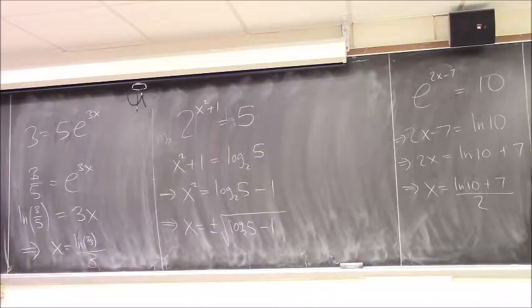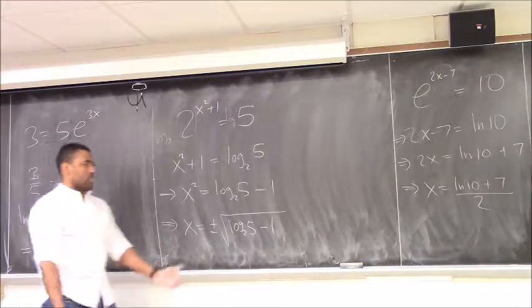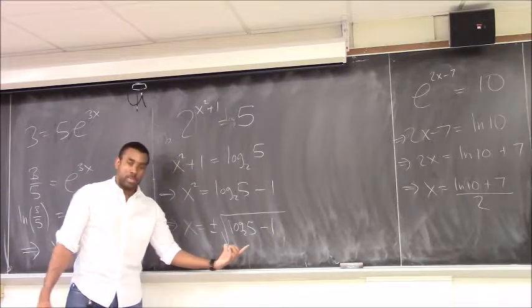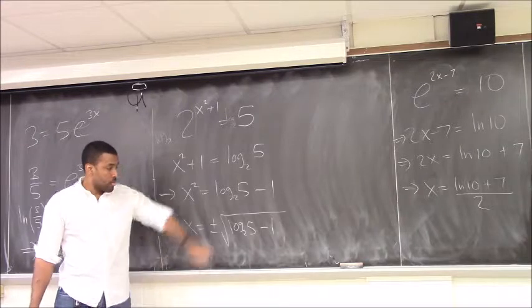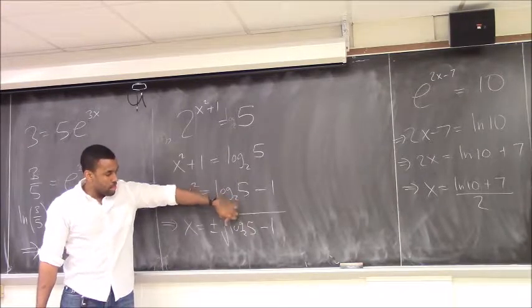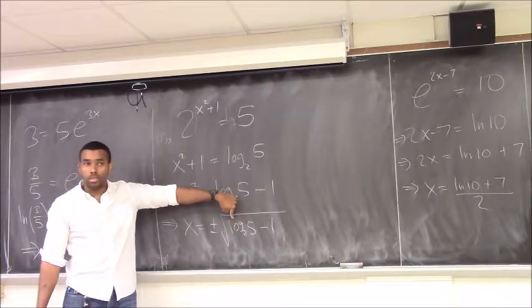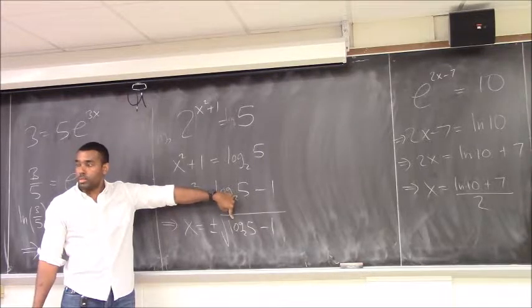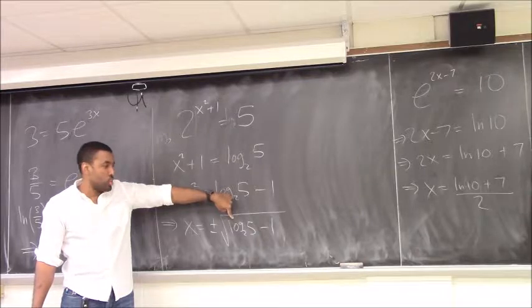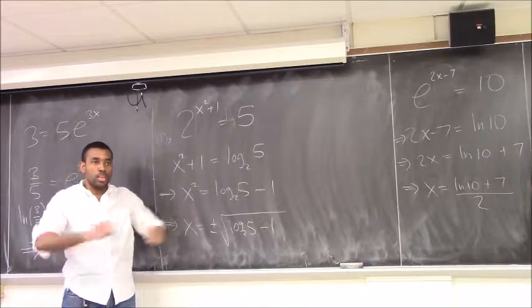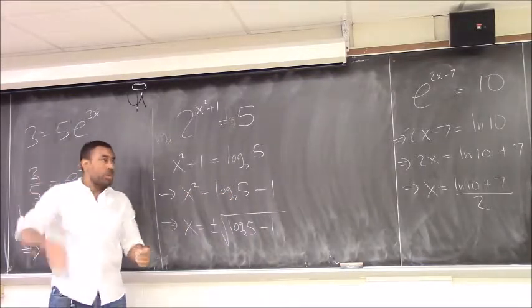It is possible for equations to have no solution, so we do have to convince ourselves that what's under the radical is positive. How do you know it's positive? Can you give me an approximate value for log to the base 2 of 5? Like 2 point something. It's definitely bigger than 2, right? Because log to the base 2 of 4 is 2, and we know the graph keeps going up.